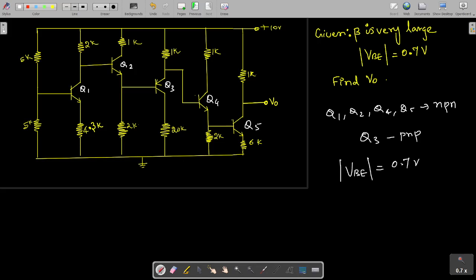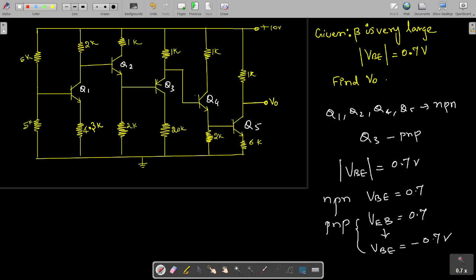For an NPN transistor, we'll take VBE equal to 0.7. When it is PNP, we consider the modulus of VBE as 0.7. Otherwise, you can also write VBE equal to minus 0.7 volts for the PNP transistor. That's why it's given as modulus.